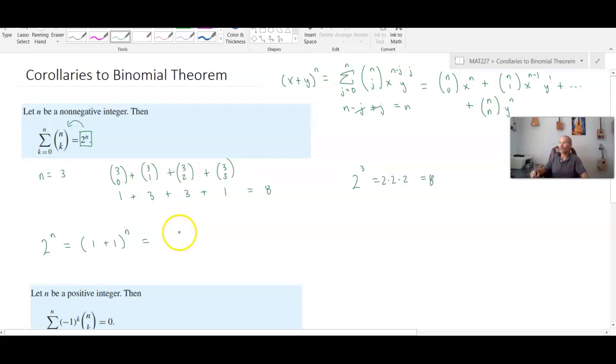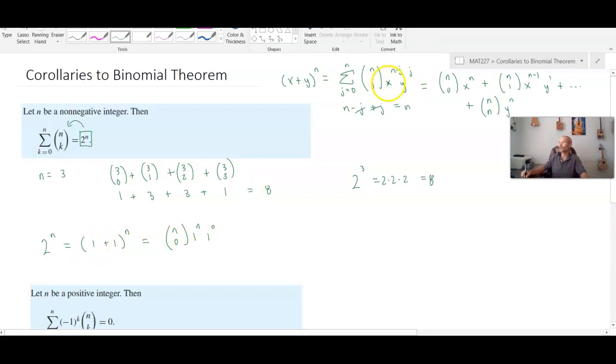So what I would have is, in this case, n choose 0, so j is 0, 1 to the n minus j, so 1 to the nth, 1 to the 0th, right? So x and y are both 1 in this case.